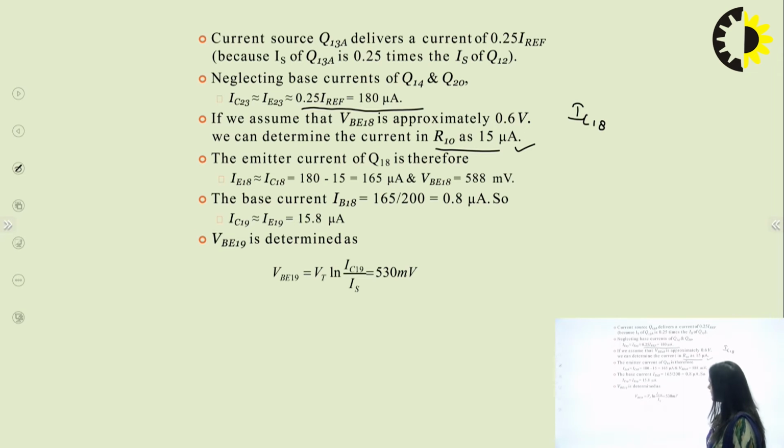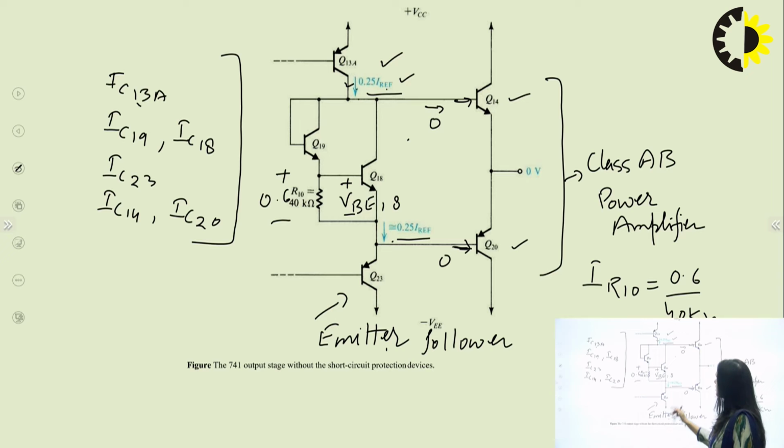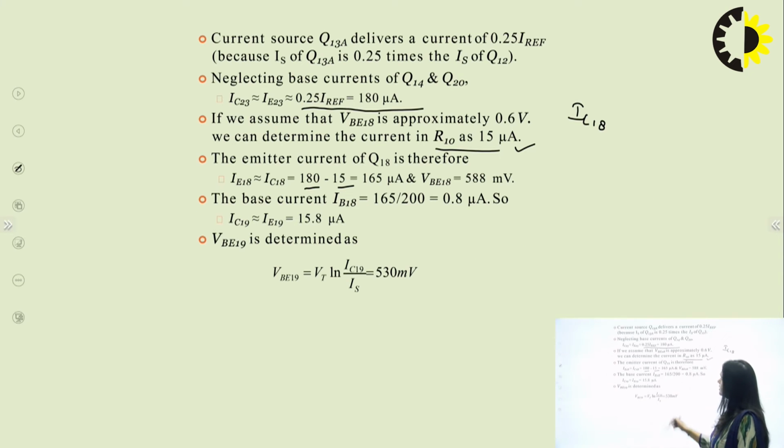Now from the diagram we can see that the total current minus the IR10 current is equal to IC18. So here we can calculate the value of IC18, considering that it is nearly equal to IE18, and that comes to 165 microamperes.